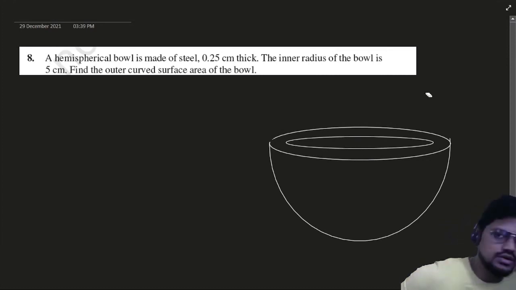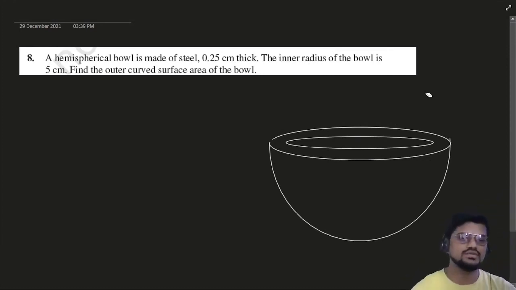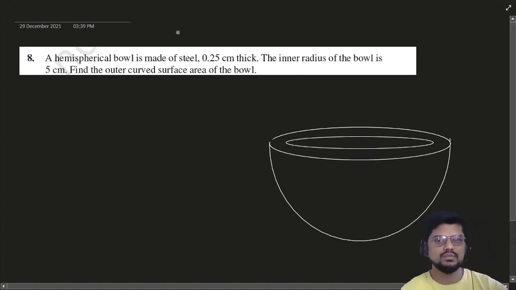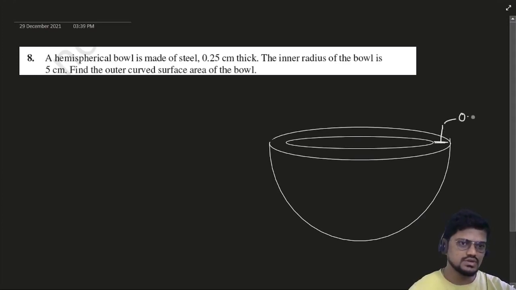This is what a hemispherical ball made up of steel is. The thickness of this is 0.25 centimeter. Now the inner radius of the ball is 5 centimeter. And find the outer curved surface area of the ball.